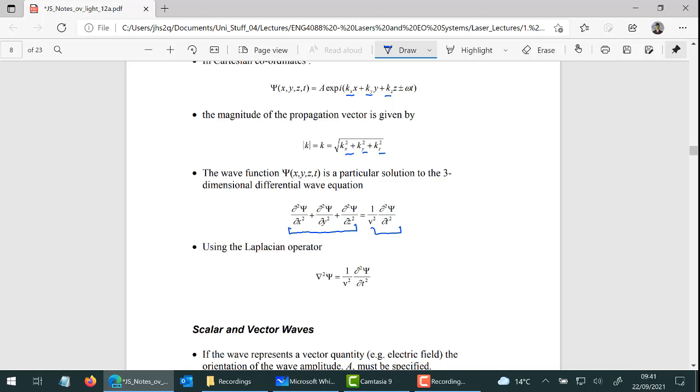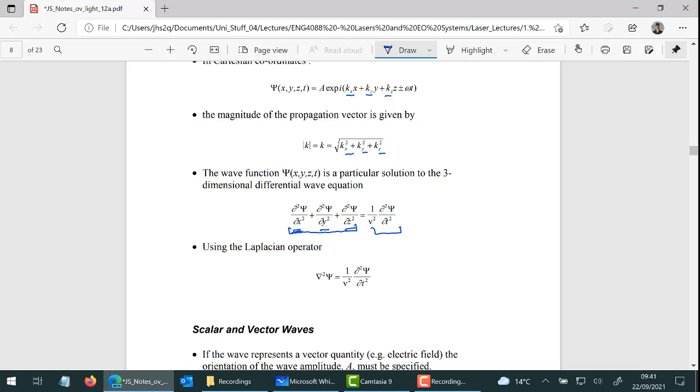So instead of just d by dx squared as before, now we have d by dx squared plus d by dy squared plus d by dz squared of phi is 1 over v squared times d2 by dt squared of phi. So second derivatives of x, y and z now.